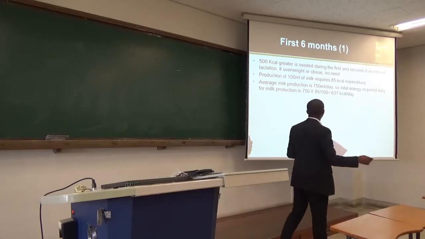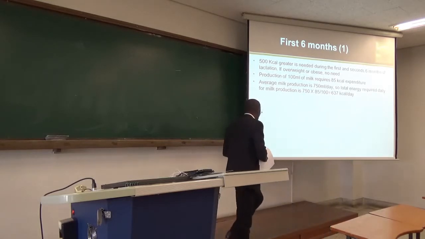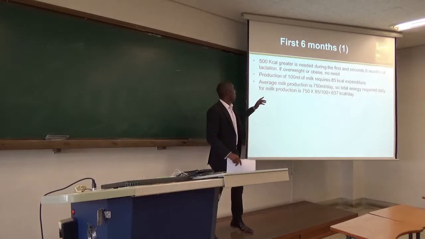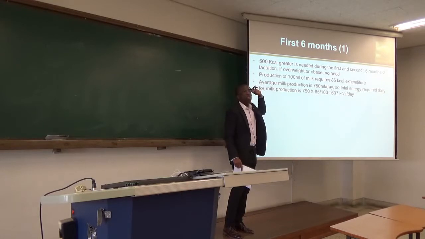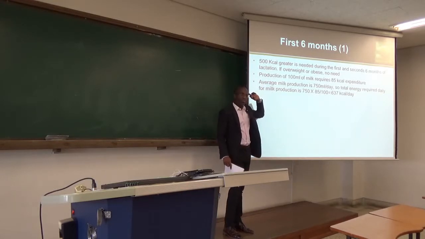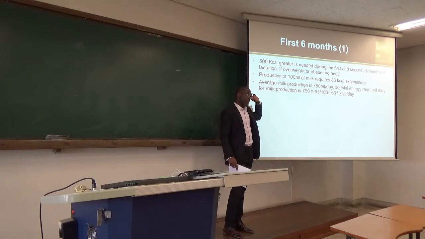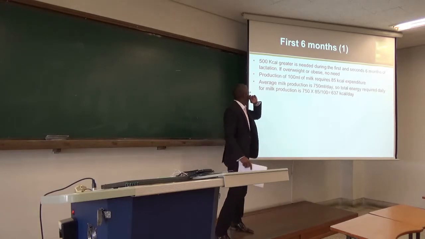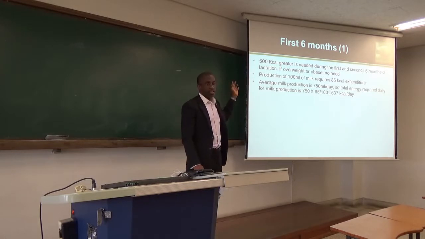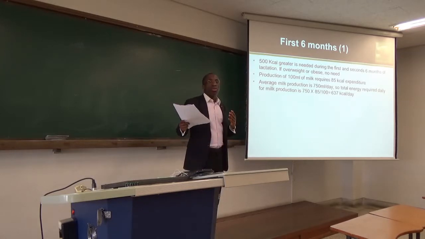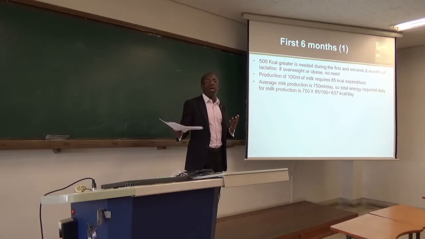Thanks for that, Peter. So what do you have here? We have 500 extra kilocalories that we need daily. So during the first and second 6 months of lactation, what is happening? Why?